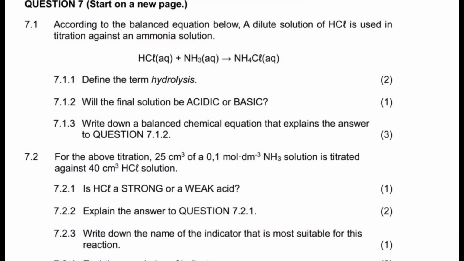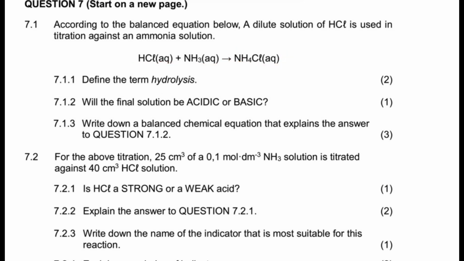Question 7, which is on acids and bases, right? It says, according to the balanced equation below, a dilute solution of hydrochloric acid is used in titration against ammonia. Here's the reaction below. It says HCl and ammonia give you ammonium chloride.